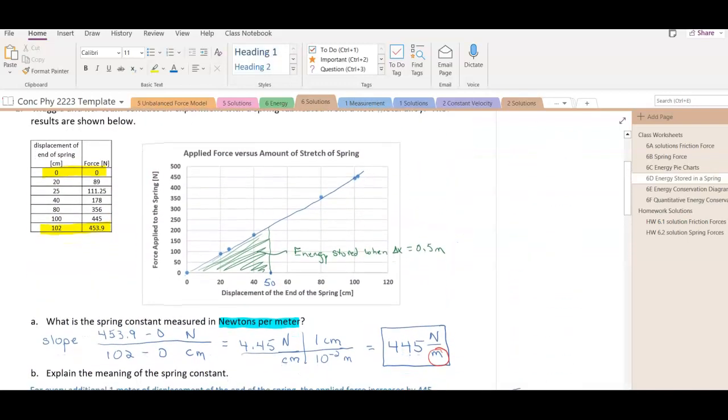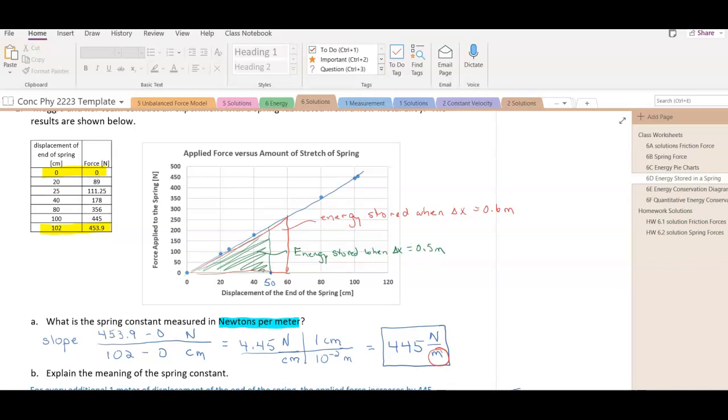So if this green triangle is the energy that's stored when the displacement is half a meter, this red triangle is the energy stored when the displacement is 0.6 meters.